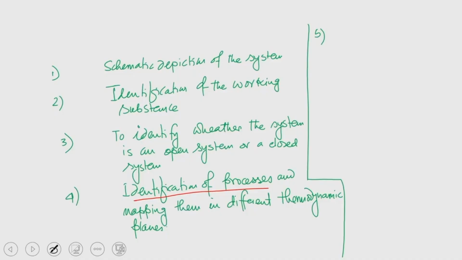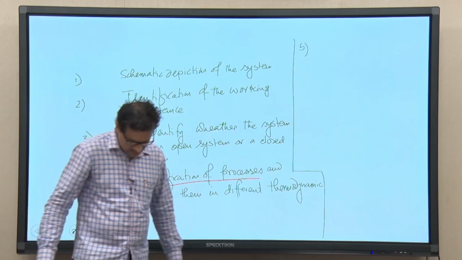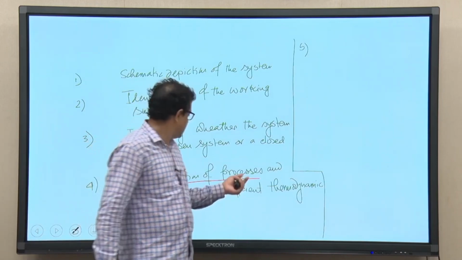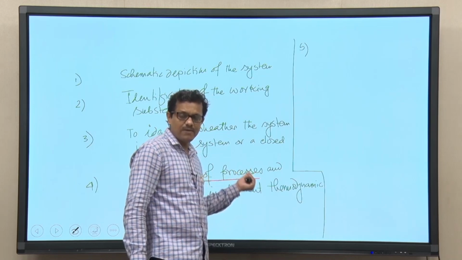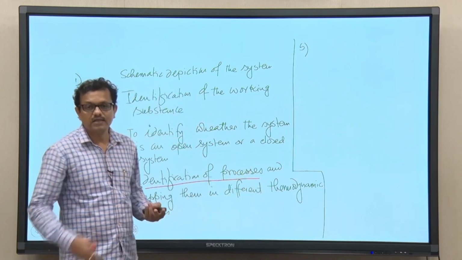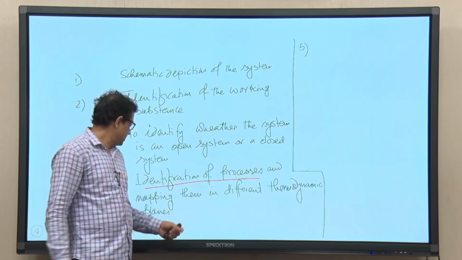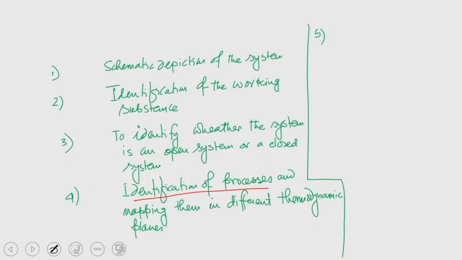Next, what you need to do, if we could identify the processes and map those processes in different thermodynamic planes, then we identify what properties are known for the initial and final state.